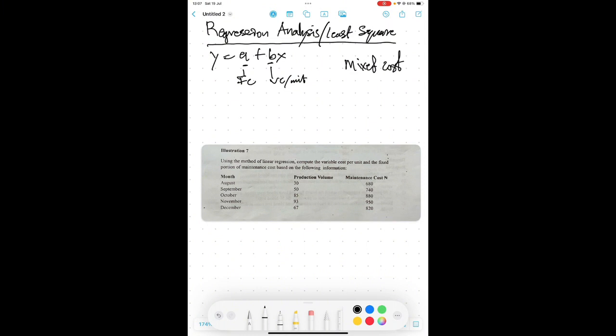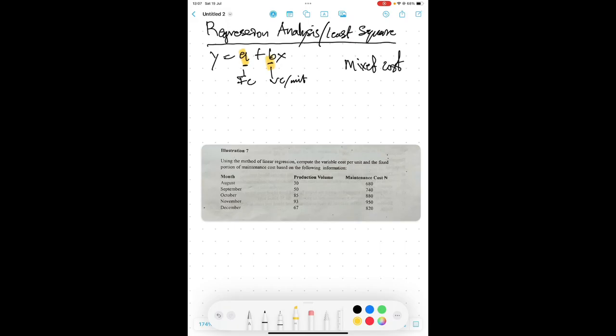So the examiner wants us to separate the variable from the fixed. What he's basically asking you to calculate is the variable cost per unit, which is the B, and the fixed cost, which is A. These are the two constants that do not change.